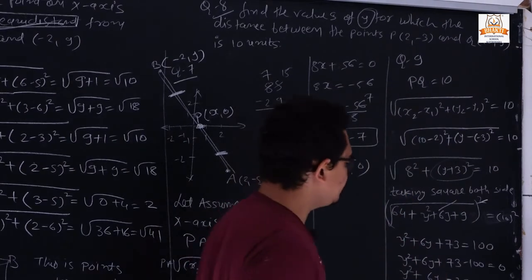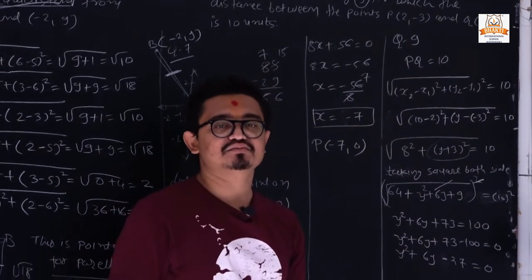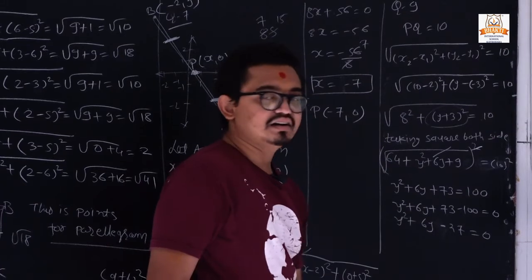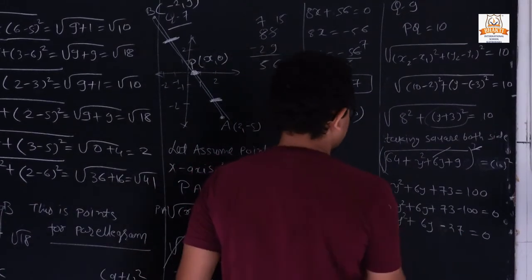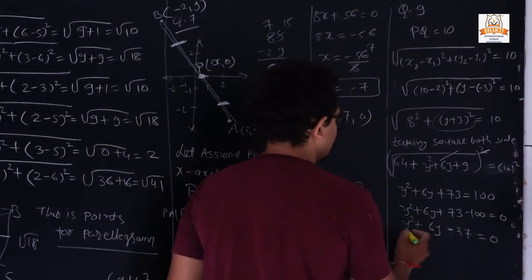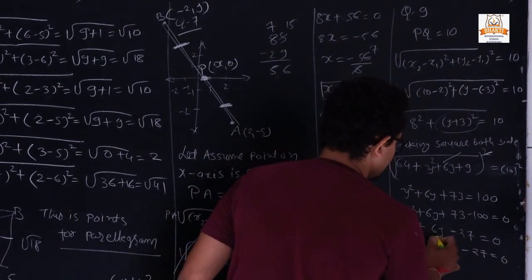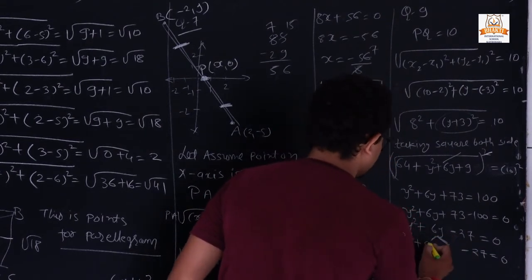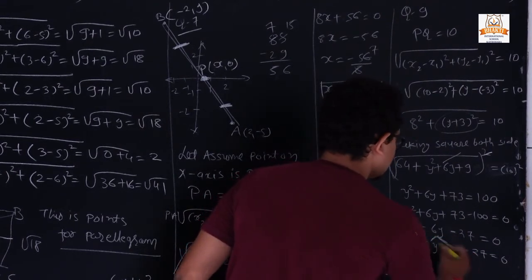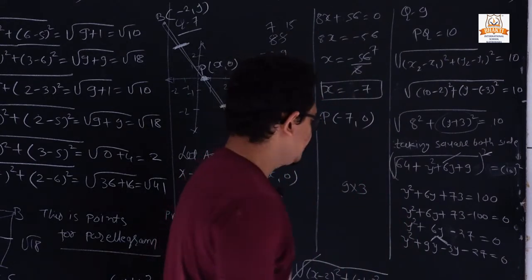Now 27 is in which table? We can factorize by splitting the middle term. Clear? So 27: 9 3s are 27, so we can factorize like that. First and last terms will be the same. We can split 6y into 9y minus 3y.